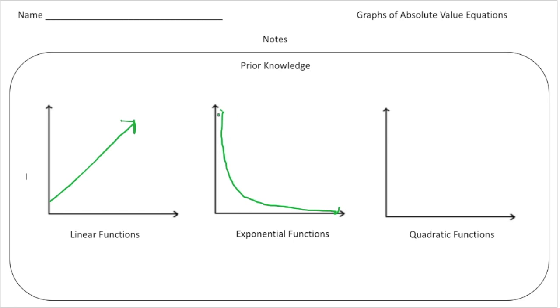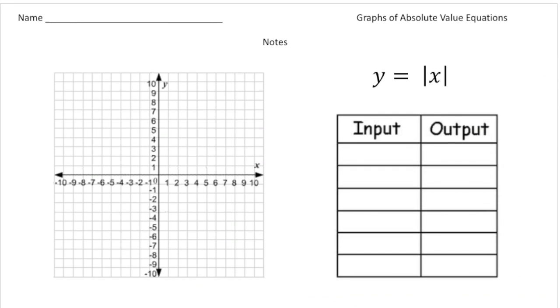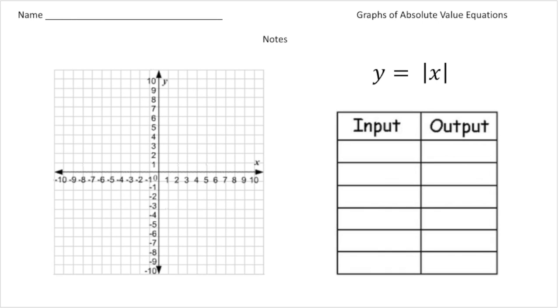And then a quadratic function had the shape of a U, like this. So today we're going to look at what makes the shape of an absolute value equation when it's graphed.